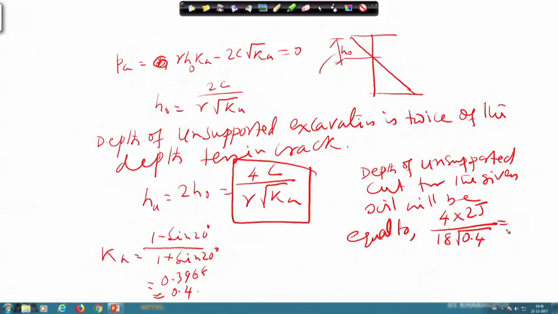That gives you a value equal to 10.58 meter.